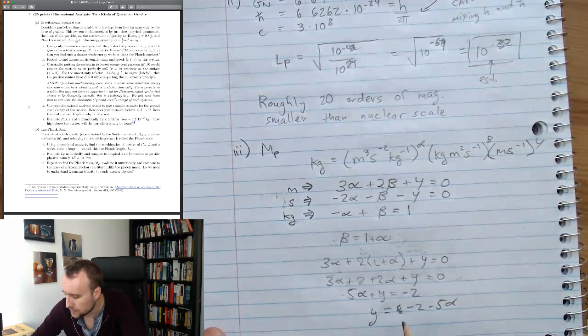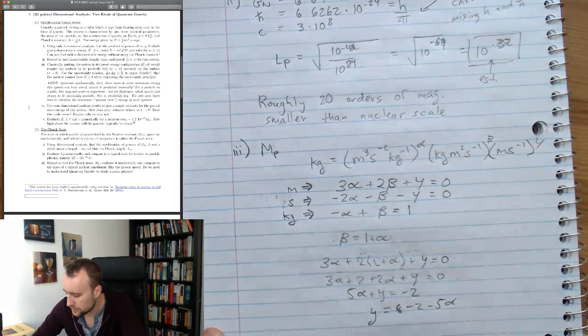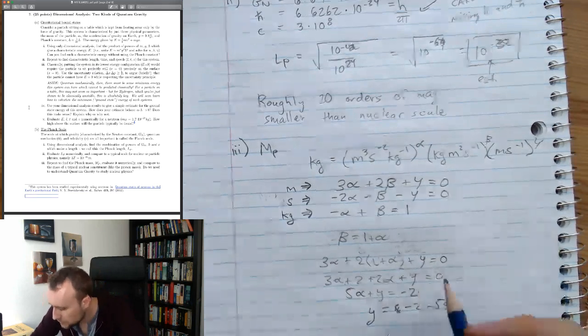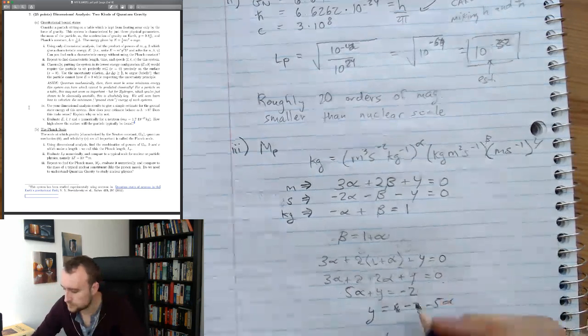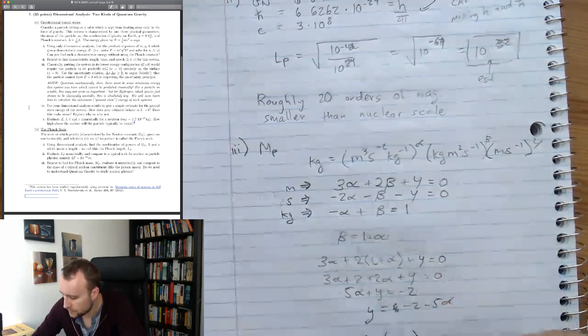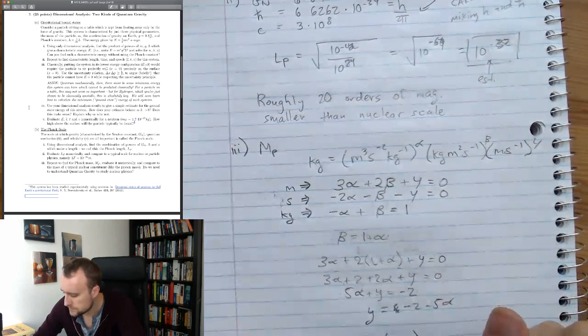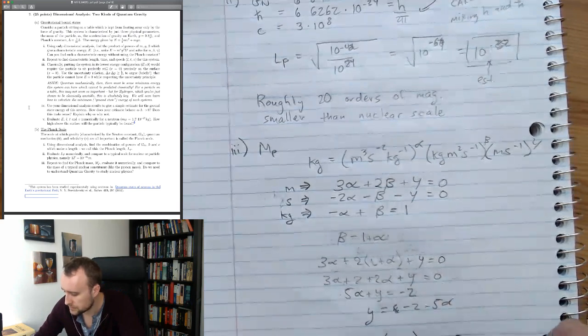And then we want to substitute that in here. So minus 2 alpha minus 1 plus alpha plus 2 plus 5 alpha is equal to 0.